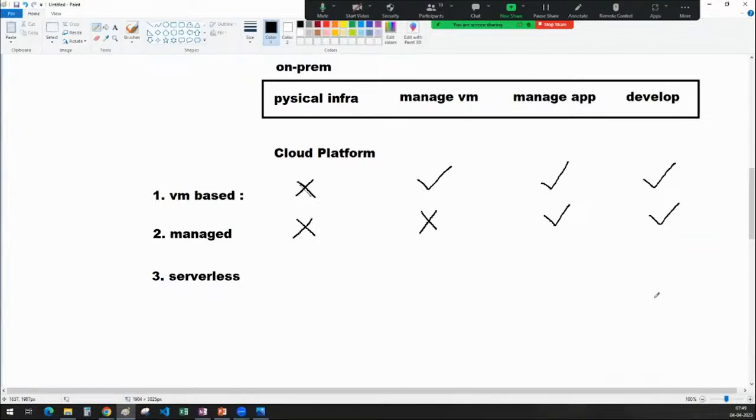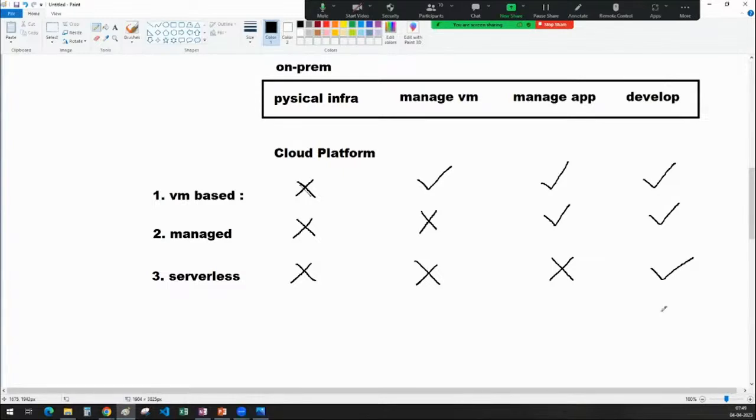And if you go to serverless platforms, the name itself says it: you need not worry about physical infrastructure, virtual machines, or a platform. Managing the application is nothing but managing the platform, guys. You need not worry about the platform, you can go directly for development.